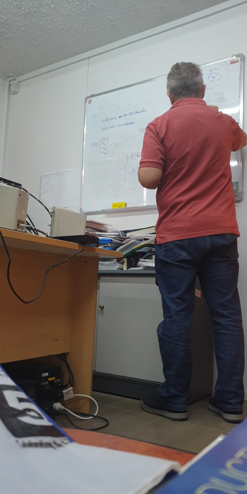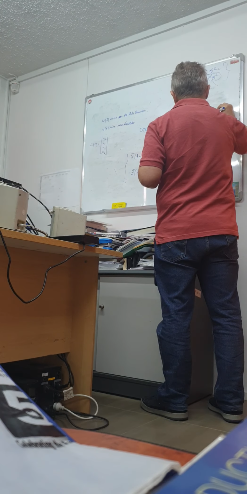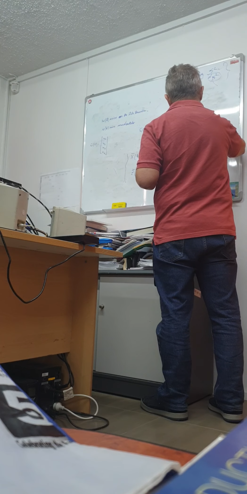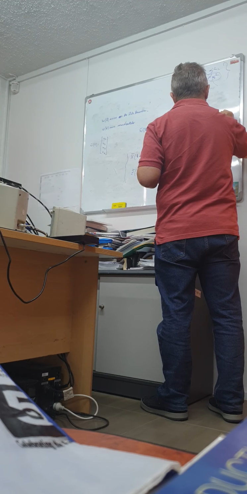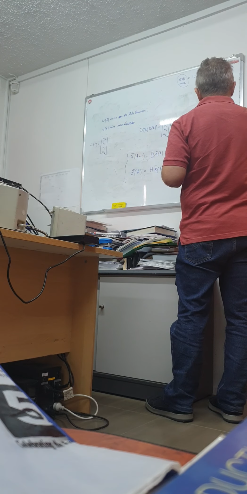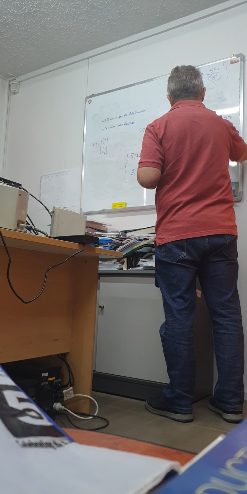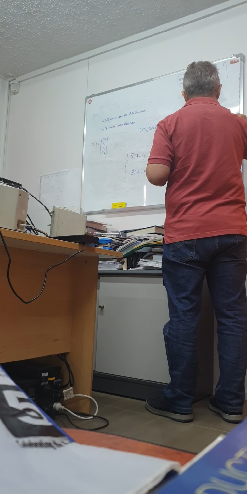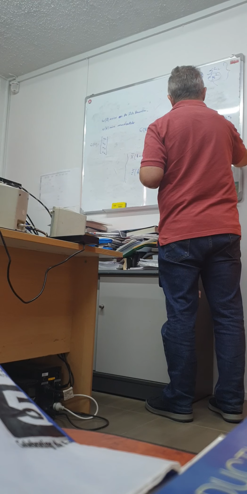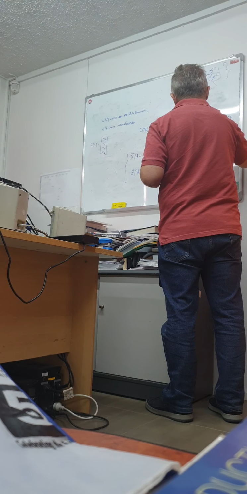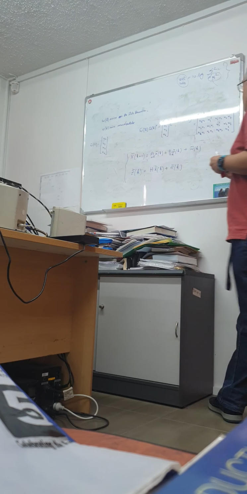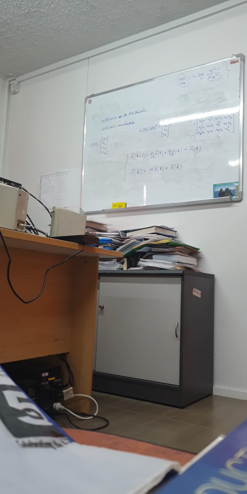In particular, you have w1 squared, w1w2, w1w3, w1w4, and then w1w2, w2 squared, w2w3, w2w4, and then w3w1, w3w2, w3 squared, w3w4, and w4w1, w4w2, w4w3, and w4 squared. This is a matrix which is symmetric, okay?